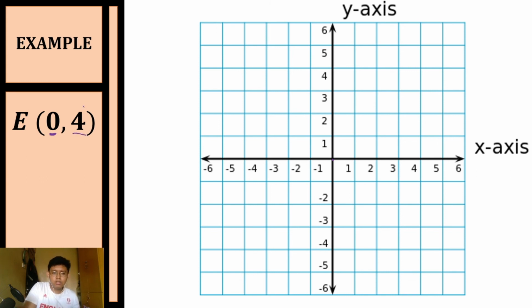Since it is positive, we're going 4 units up. 1, 2, 3, 4. This will be the location of our point E, having the coordinate of (0, 4). So our location is along the y-axis.